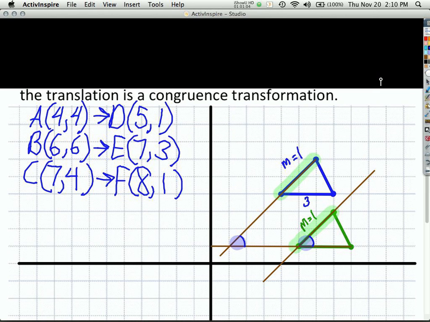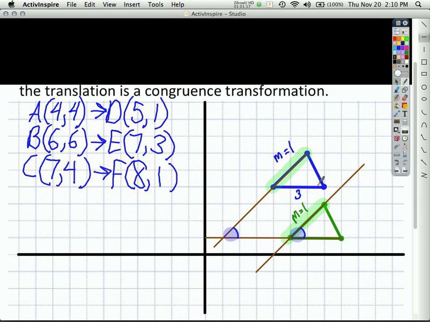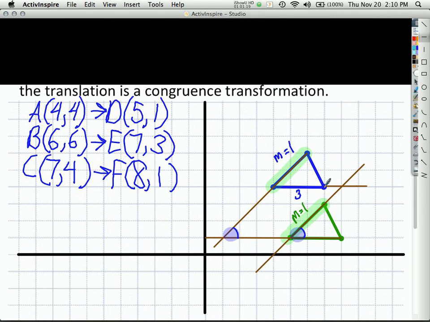So let's bring back the rest. What if I extend this line? What could you say about this line and this one here? What could you say about those two lines?